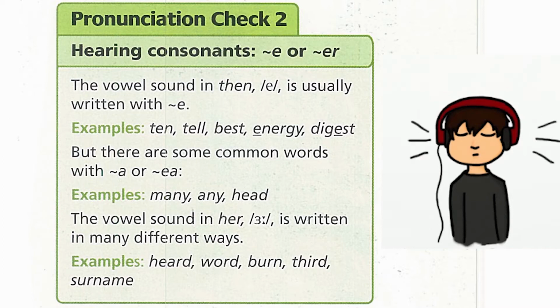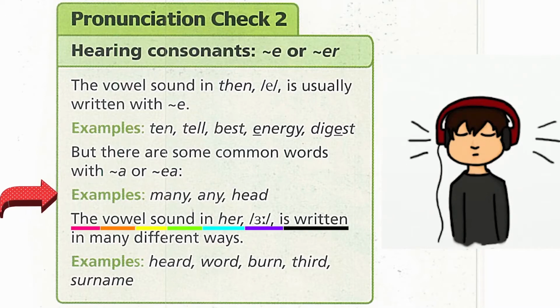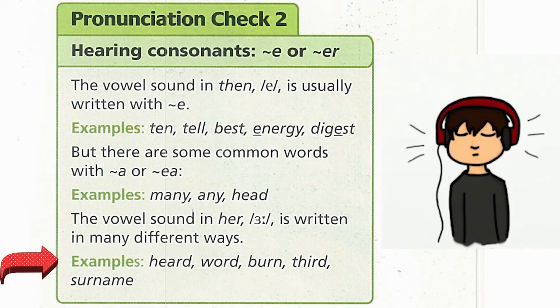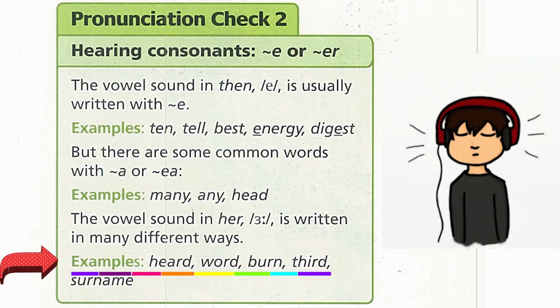But there are some common words with spelling A or EA. For example, we have many, any, and head. The same sound as in ten, but with different spelling. The vowel sound in her is written in many different ways, like it can be spelled EA as in heard, O as in word, U as in burn, I as in third, or in surname.